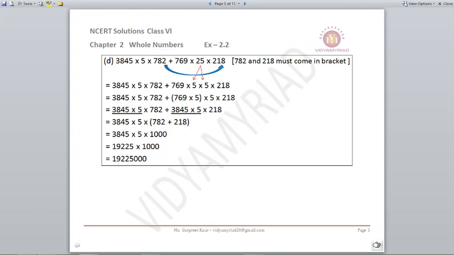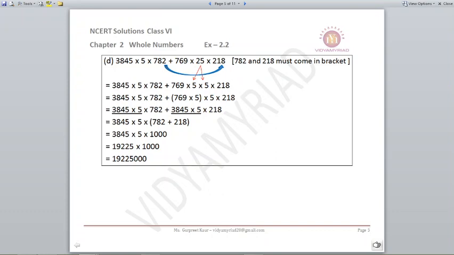If I add them, 8 plus 2 is 10, so I can get 1000 as my answer. So just leave that apart, because we will put them into the bracket and try to see what we can find common. Now in both places I have different numbers, nothing is common. So try to break and form their pairs.